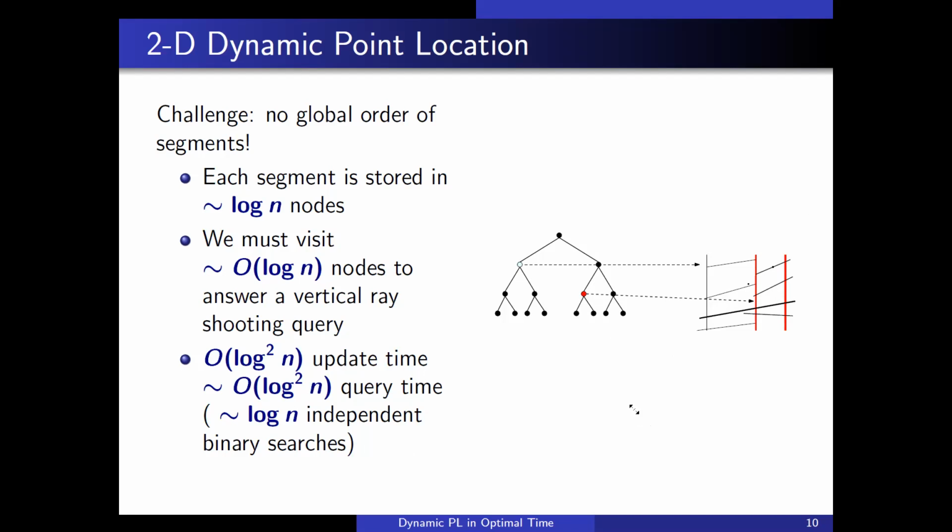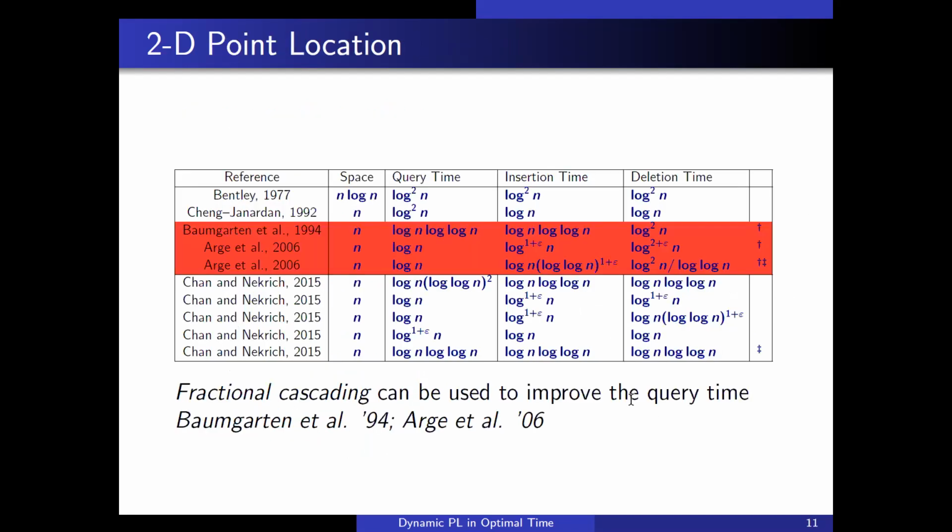So the first improvement to this general scheme was achieved in the papers by Baumgarten in 1994, and then by Arge and others in 2006. In these papers, the authors have shown how we can use a technique called fractional cascading in order to improve the query time, and they have finally achieved even log n time for queries.